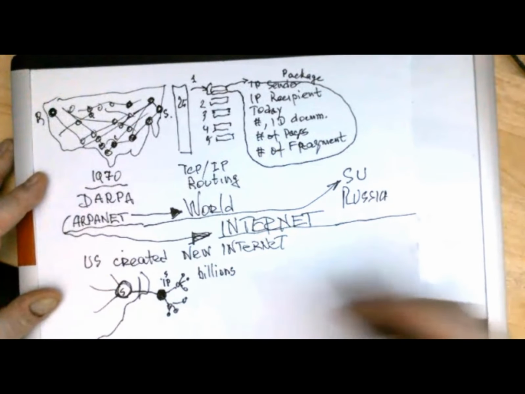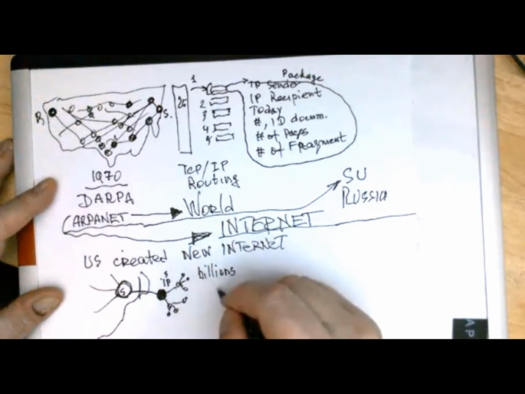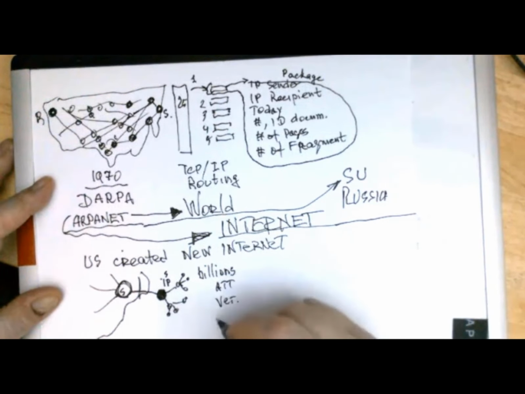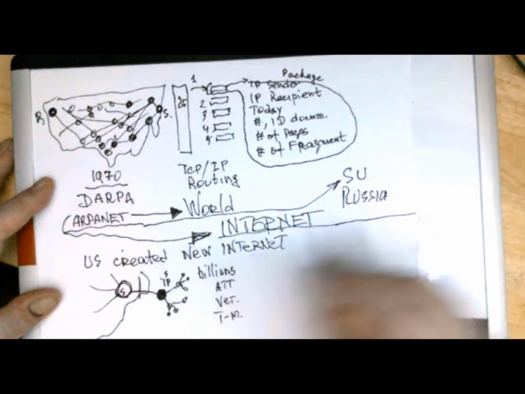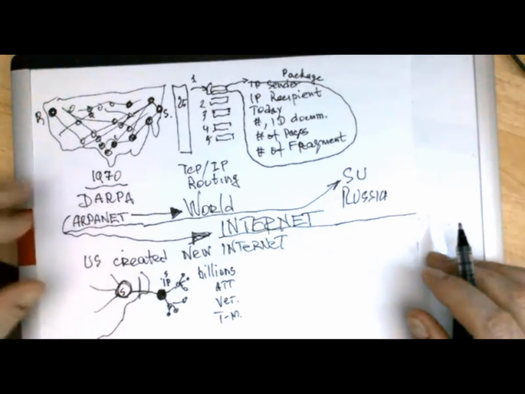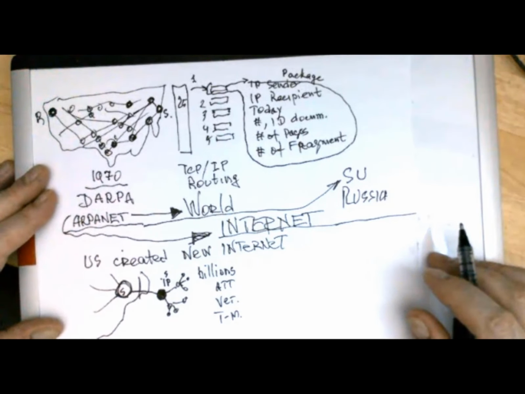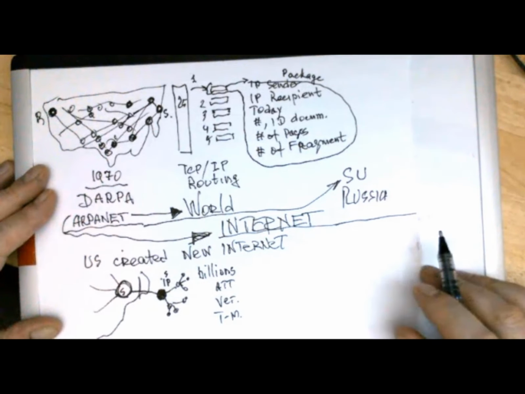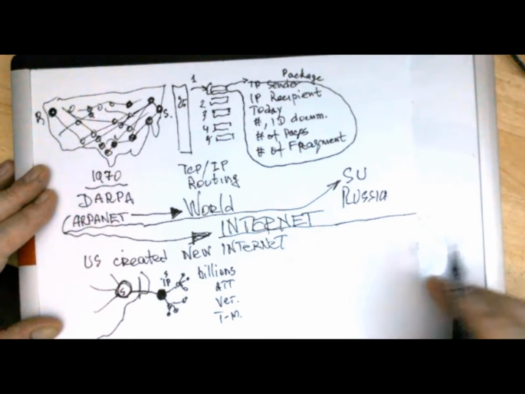So if you are like Elon Musk, or you are AT&T, or you are Verizon, or T-Mobile, then you can create a network. Some people create a small network and connect to the internet. Yes, you can do this, but it will not be a global network anymore. It will be a small network.